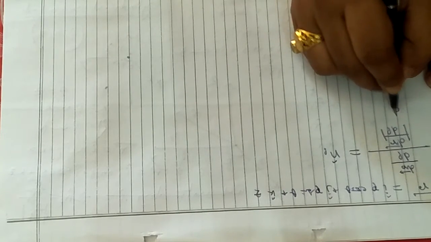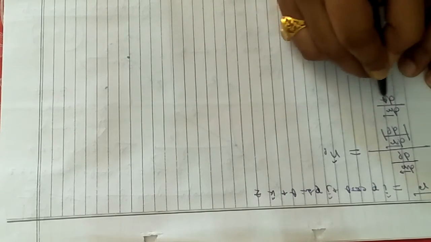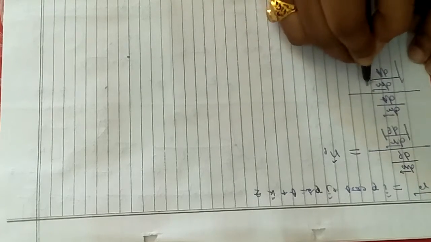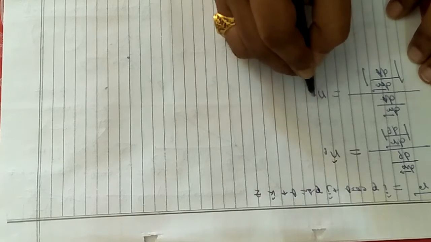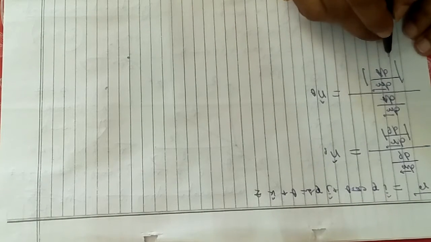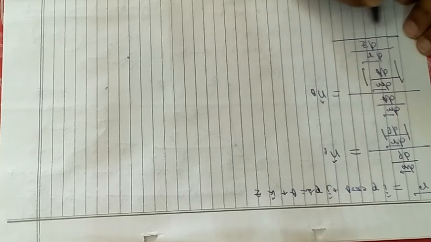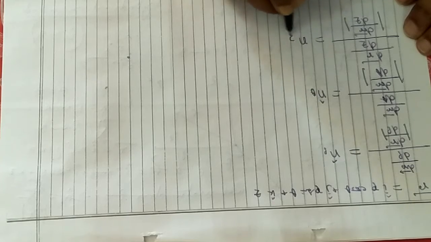Similarly, if we calculate dr by d theta divided by its mod, that will be n theta cap, and again dr by dz divided by its mod, that will be nz cap.